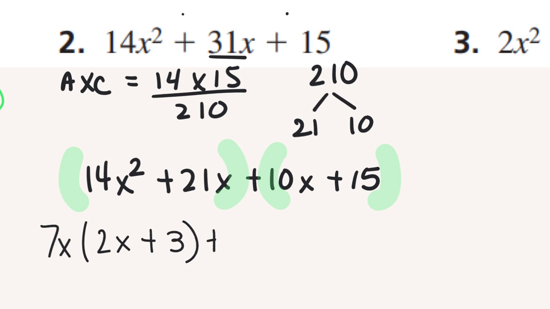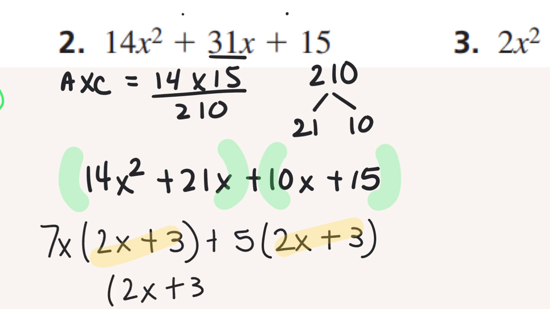Plus, I could factor out here a 2. No, I'm sorry, not a 2. A 5, which I'm left with 2x plus 3. I can see that both on the inside are the same. So my final answer is 2x plus 3 times 7x plus 5.